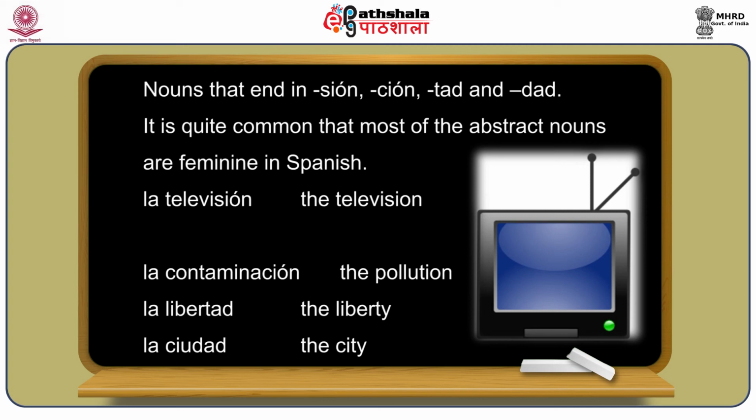For example, televisión means TV, contaminación means pollution, libertad means liberty, and ciudad means city. So all of these are feminine. So it will be la televisión, la contaminación, la libertad y la ciudad.